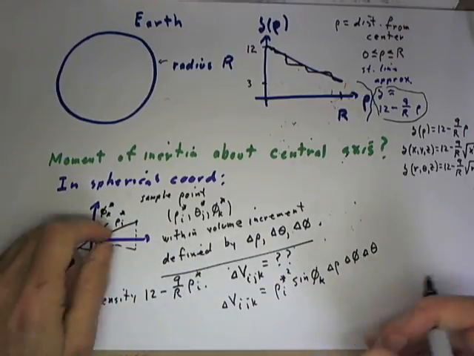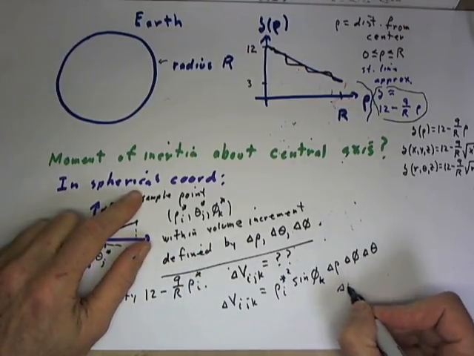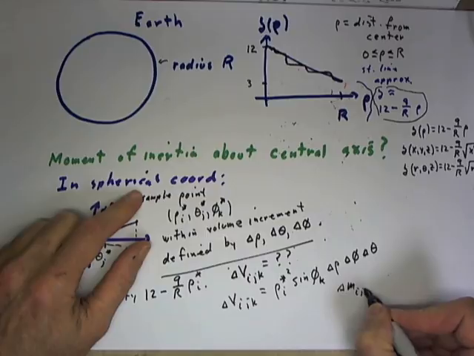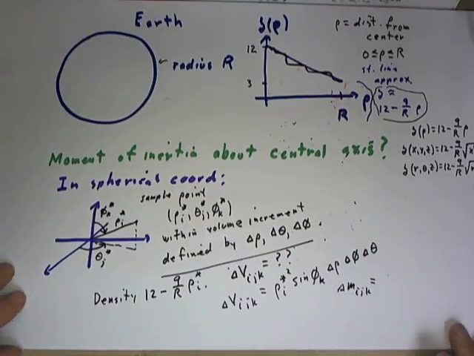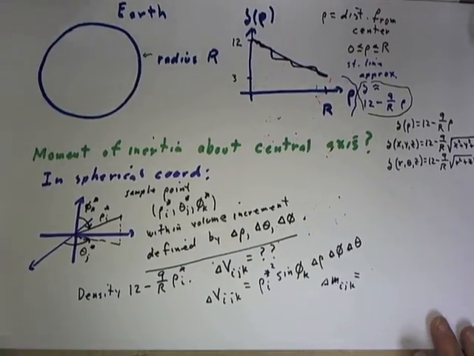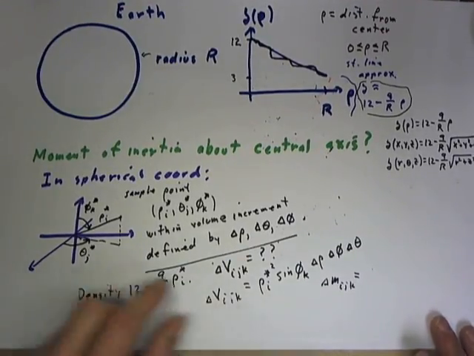So the mass of our ijk sample interval is what? It's the product of density and volume.